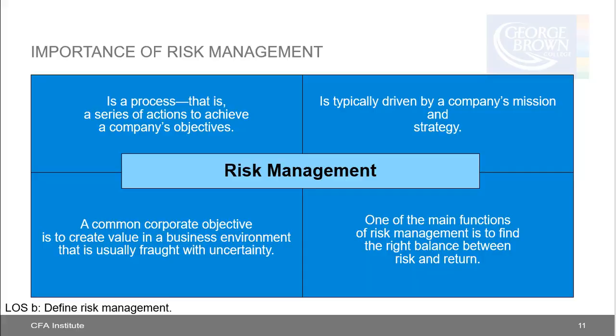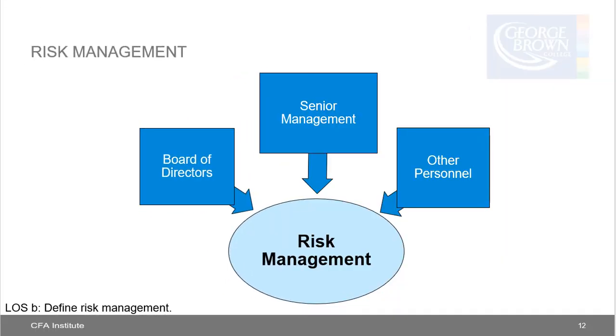Risk management is defined by the Committee of Sponsoring Organizations of the Treadway Commission. There's an abbreviation for this, COSO, which provides guidance about risk management, internal control, and fraud deterrence.